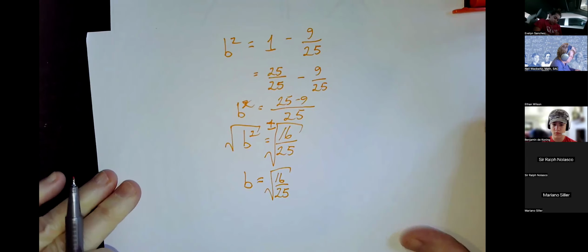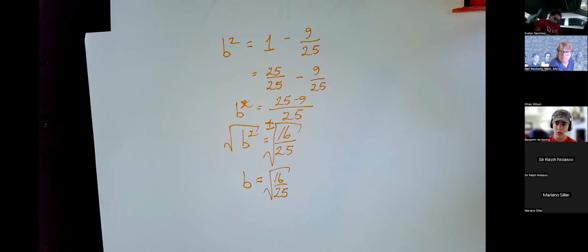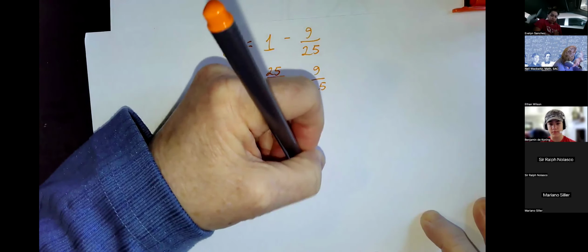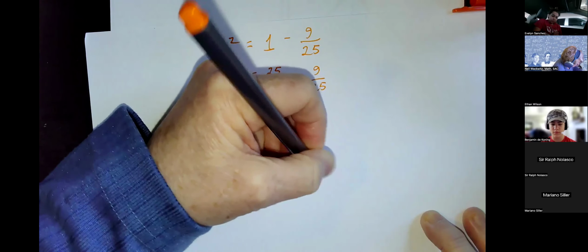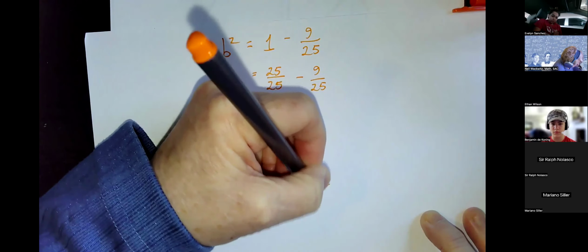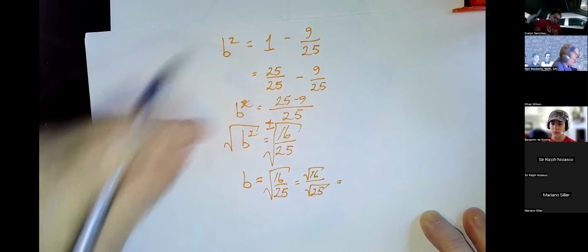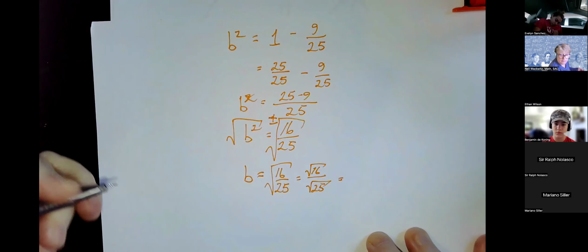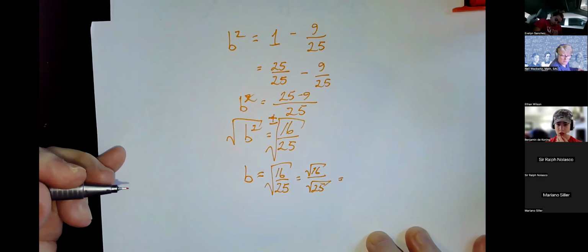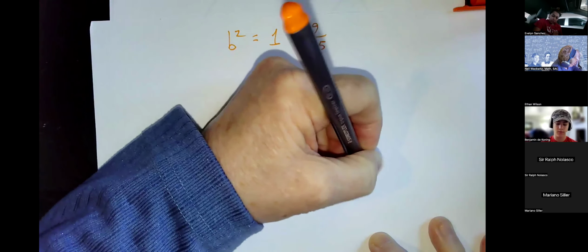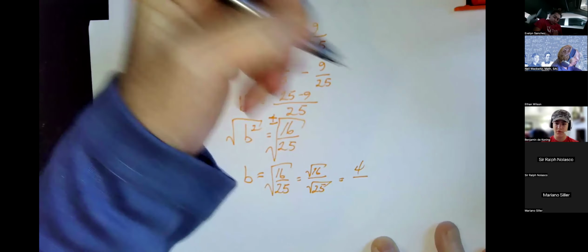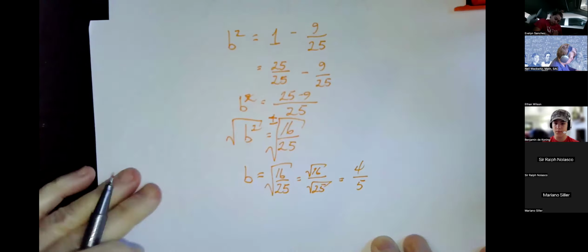How do you take the square root of a fraction? You take the square root of the numerator and the square root of the denominator. Beautiful. And square root of 16 is 4. Yay. Square root of 25, 5. Beautiful.